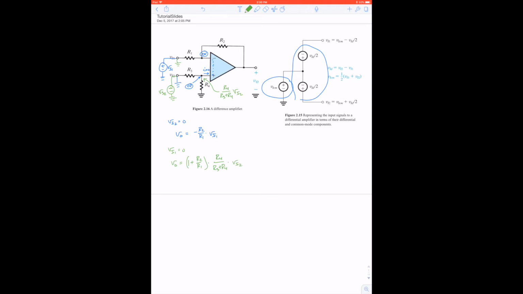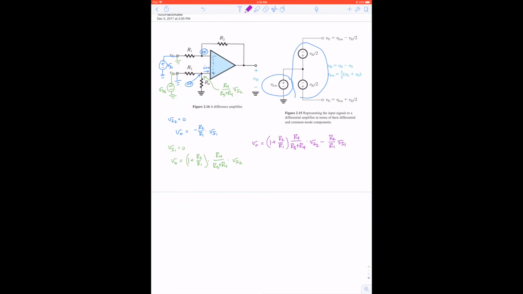Now, by superposition, we can combine these two to determine the total gain for the circuit. So Vout will equal 1 plus R2 over R1 times R4 over R3 plus R4 times Vn2, minus R2 over R1 times Vn1. This circuit becomes a difference amplifier when the constant in front of Vn2 is equal to the constant in front of Vn1.